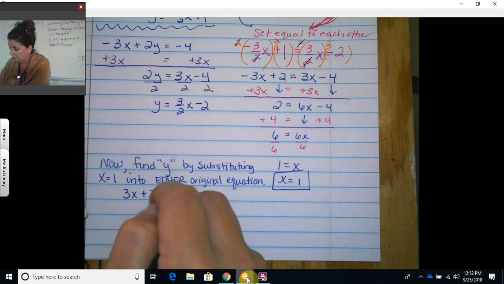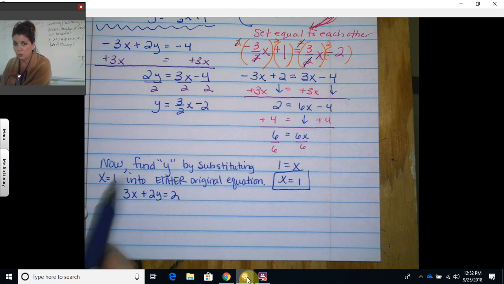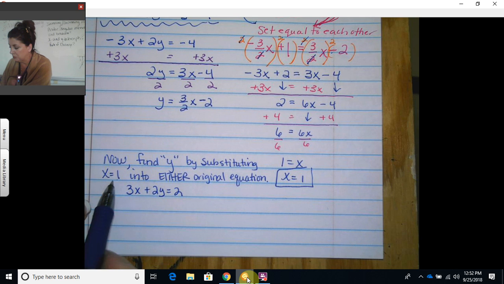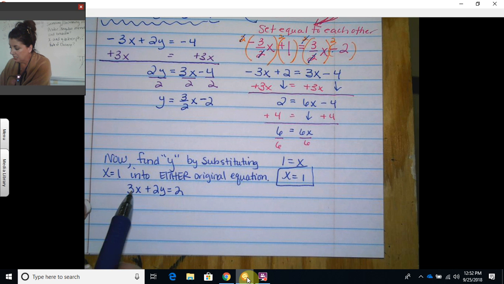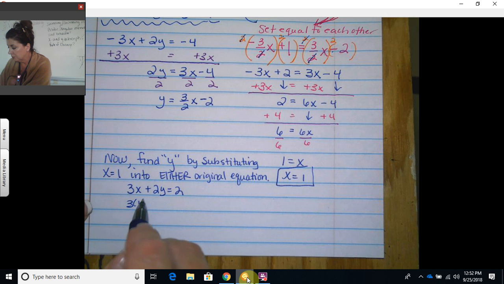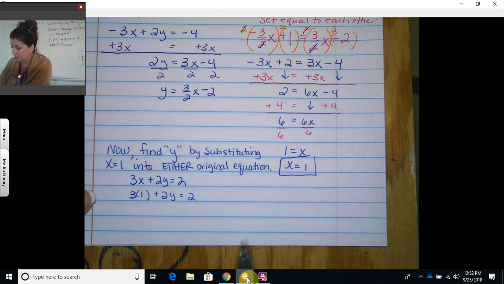And I want to know what y is when x equals 1. So wherever I see an x, I'll substitute in a 1. So instead of 3 times x, that'll be 3 times 1 plus 2y equals 2. 3 times 1 is 3 plus 2y equals 2.